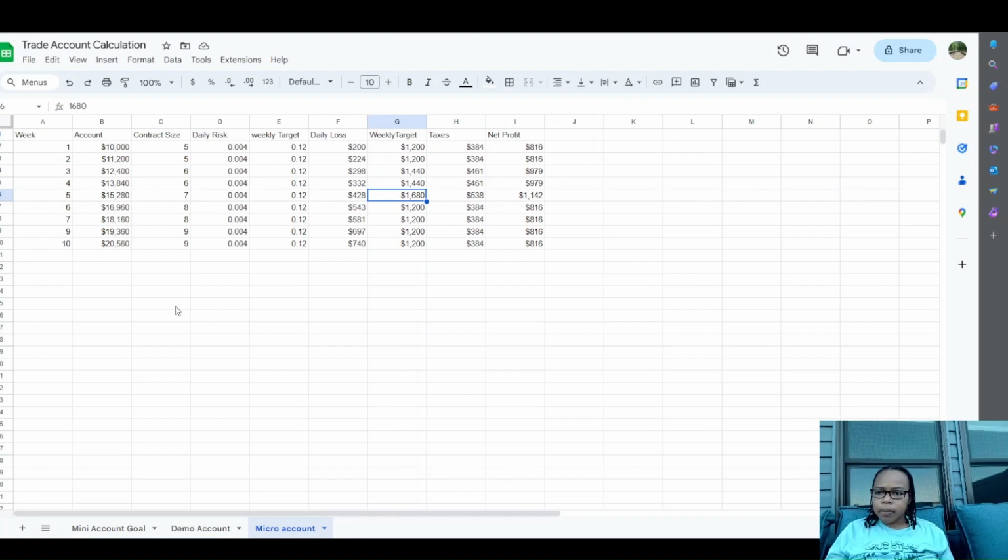That's 1680, right? So 1680 weekly target, we finally get to 16, so we are 8. All right, let's go. Let me switch it to 8 units on the micro here. That's 640. 640 times 3 trades for the week. That's 1920 as a target.